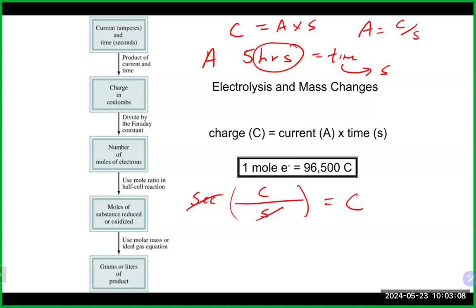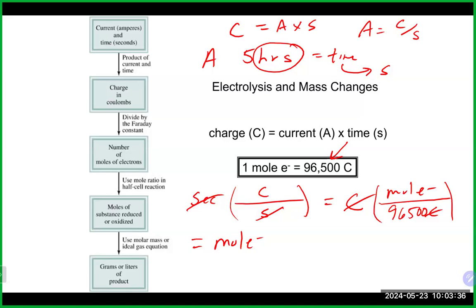This is where you're able to then use our guy here, Faraday's constant, to go from coulombs of charge to moles of electrons. So at that point, you basically could use Faraday's constant like we've used before, and this will give you moles of electrons in this case. And it's at this point that it depends on the problem that you're looking at.